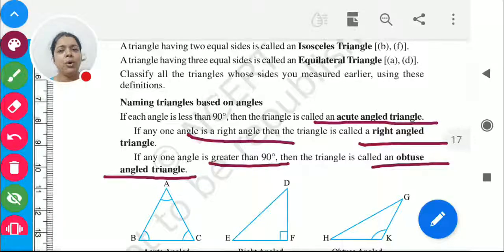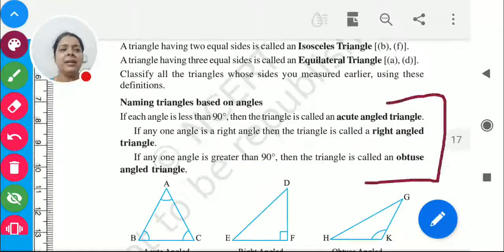So what we got to know is that a triangle can be divided on the basis of its angles also, and there are three kinds of triangles on the basis of angles. One is acute angled, which has all angles less than 90 degrees. Right angled, where one angle is 90 degrees, so the rest will undoubtedly be acute only. Next, one angle is obtuse, meaning one angle is more than 90 degrees, so it will be an obtuse angled triangle.